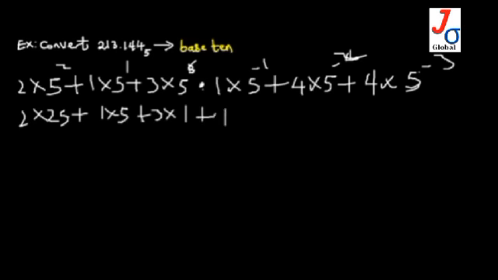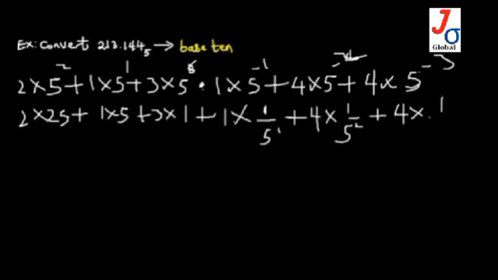That 1 times, of course, I hope you remember that this will become 1 over 5 raised to the power of 1, plus 4 times 1 over 5 to the power of 2, plus 4 times 1 over 5 to the power of 3.